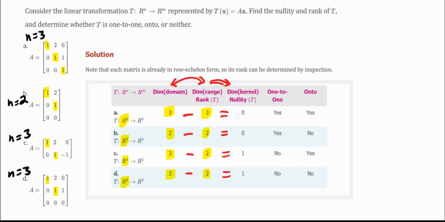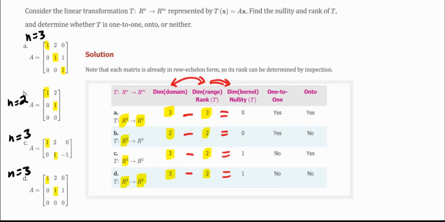There's a theorem that says that if the vector space V is the same as the vector space W, that is, they have the same dimension, then the theorem says, and I could probably back up to it, that if it's one-to-one, then it's also going to be onto, and vice versa. If it's not one-to-one, then it's not going to be onto, that kind of thing.